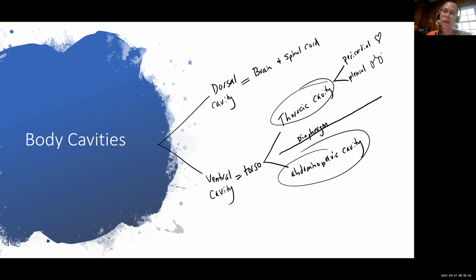When we talk about the abdominopelvic cavity, we can divide it up just for conversation into what we call 9 regions or quadrants. And quadrant means 4.